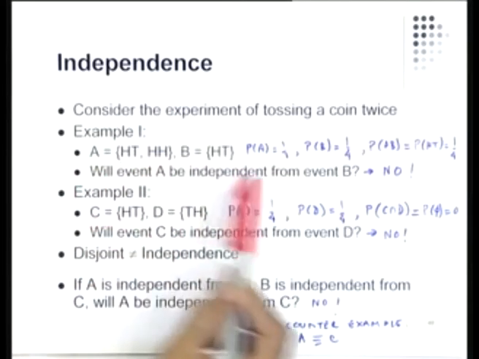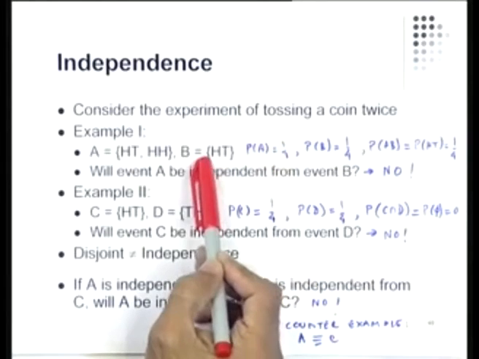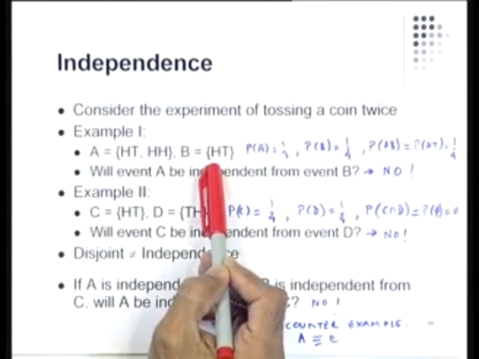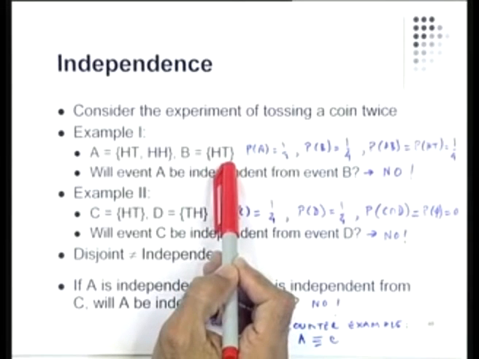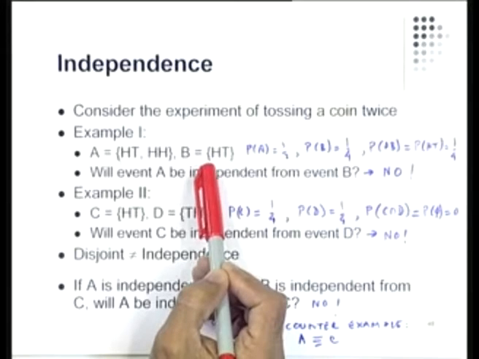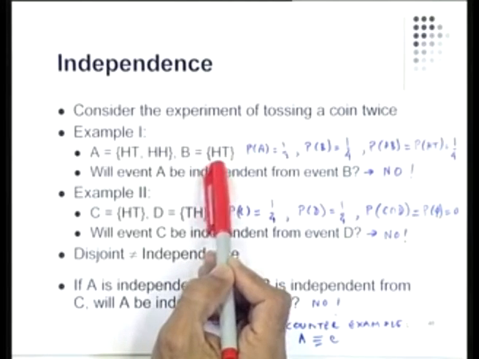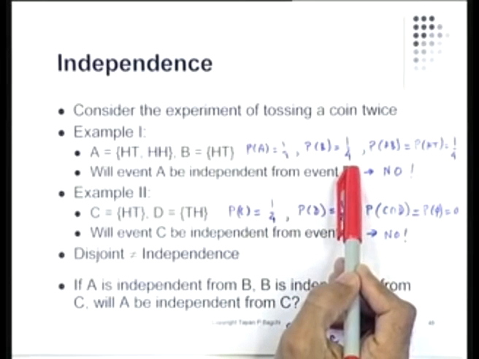So P(A) is 1 by 2. P(B) is first getting a head, then getting a tail. Getting a head is 1 half, and getting a tail is also 1 half. When I multiply the two, because they must be together, that turns out to be 1 by 4.